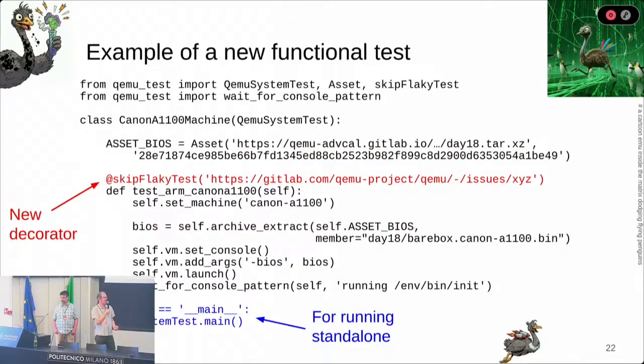The decorators we mentioned on the previous slide, this is an example of a decorator for an unreliable test. I mean, we'd like all of our tests to be perfectly reliable, but every now and then we come across problems, and it gets very annoying when you're trying to get pull requests merged if tests are non-deterministically failing.